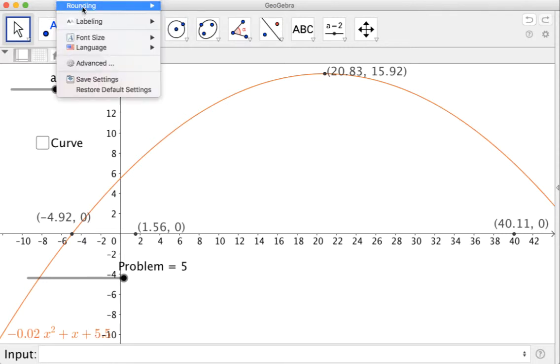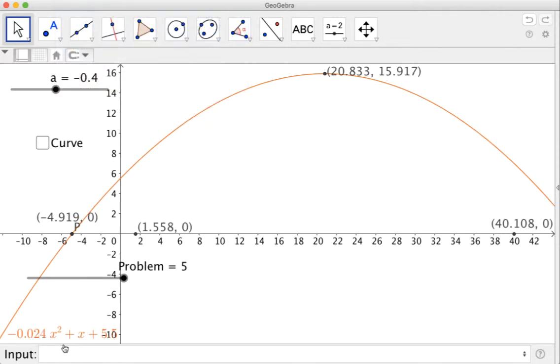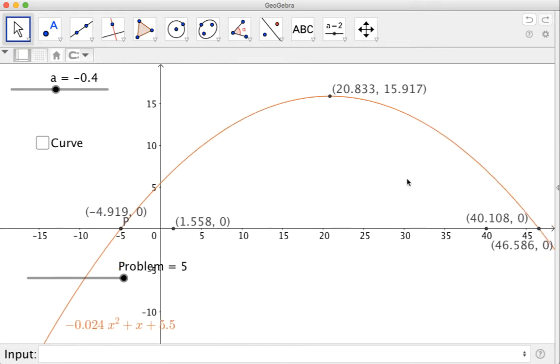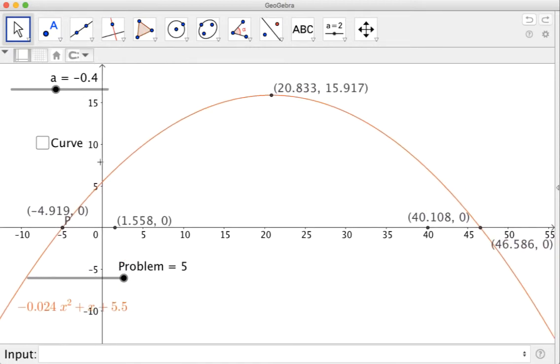We'll change the rounding to 3 decimal places so we get our full equation here. And so here we have that exact quadratic. We can see that we're really only interested in the portion that goes from x equal to 0 to where the quadratic reaches a y value of 0.